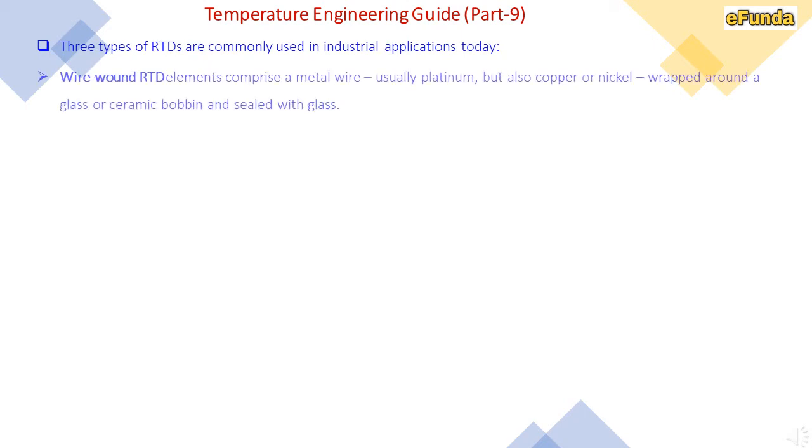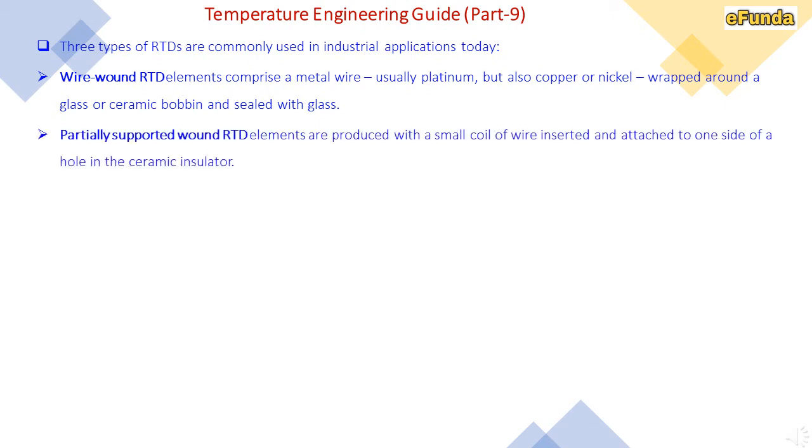Typically, three types of RTDs are commonly used in industrial applications. Wire wound RTD elements comprise a metal wire, usually platinum, but also copper or nickel, wrapped around a glass or ceramic bobbin and sealed with glass.